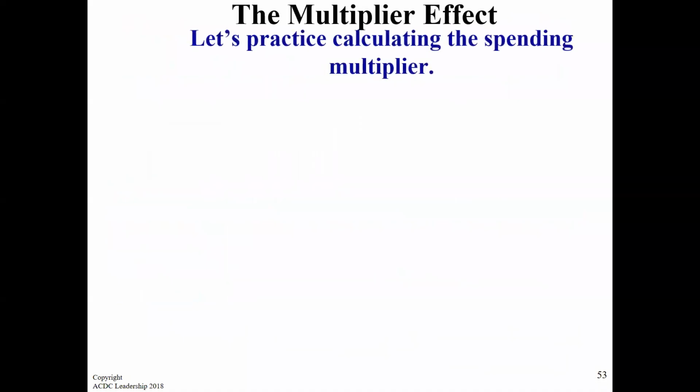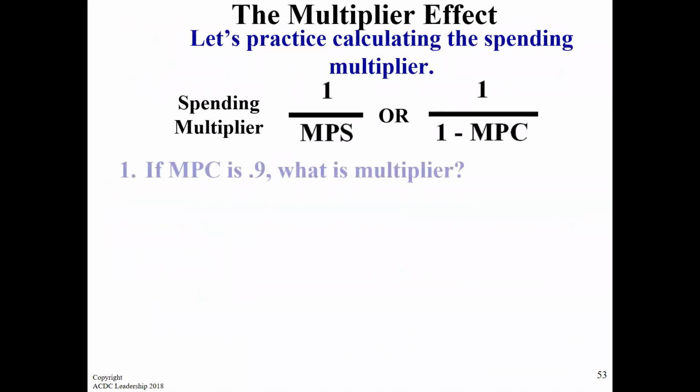Could you figure out what the multiplier is? If MPC is 0.9, what is the multiplier?